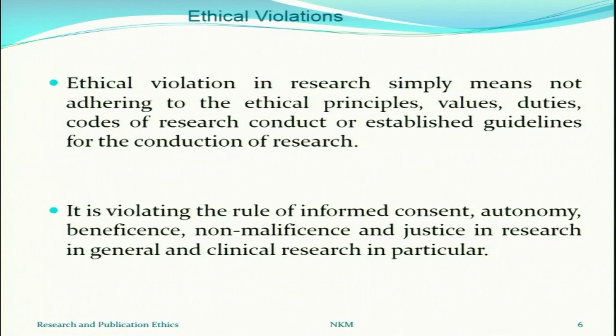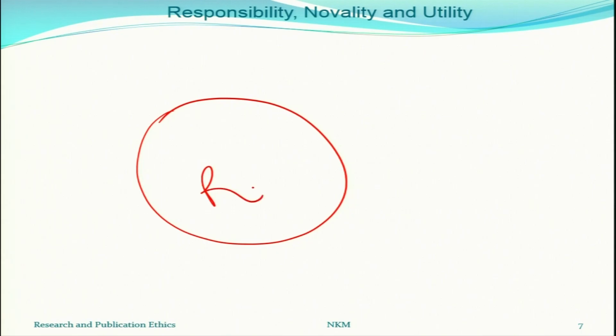So let's try to understand how we can avoid this kind of ethical violations. So we have to understand the idea of responsibility, novelty and utility in research ethics. When we talk about responsibility, researchers have several responsibilities.